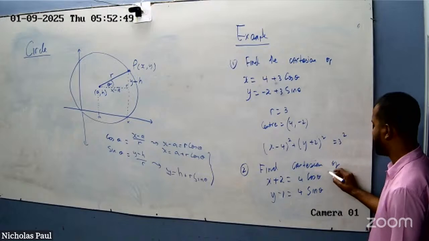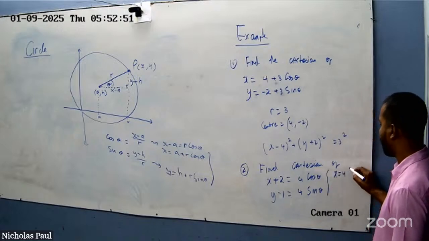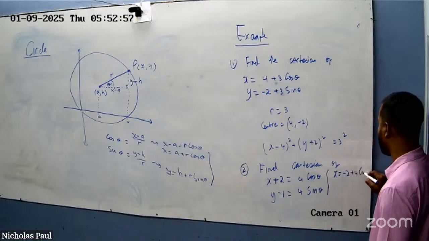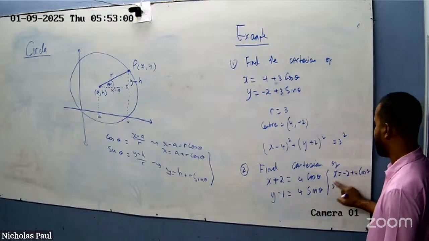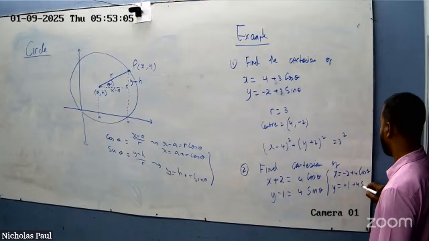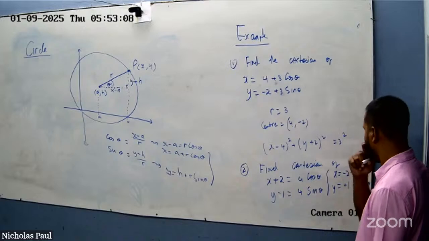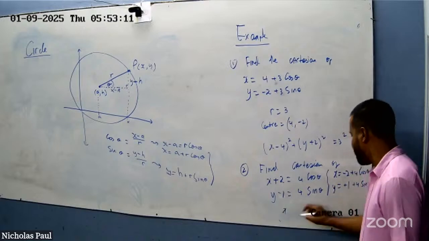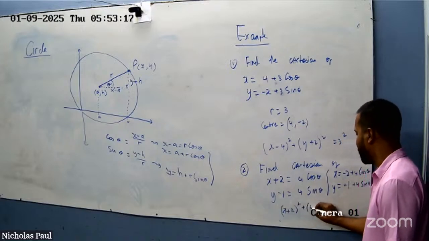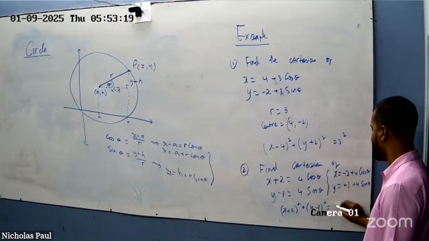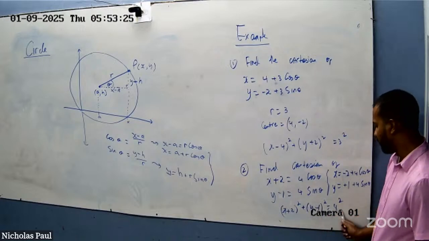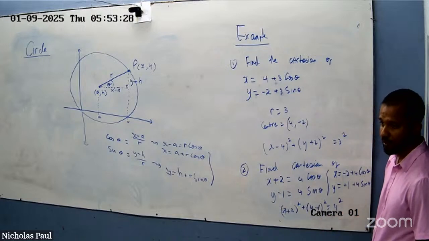So make x the subject here. You'll get x is equal to -2 plus 4 cos theta. And here, you'll get y is equal to 1 plus 4 sine theta. And all your hard work is finished. The center is -2, 1, so that'll be x plus 2 squared plus y minus 1 squared. Radius is 4, so you write 4 squared. Center, radius. Everybody okay with that?